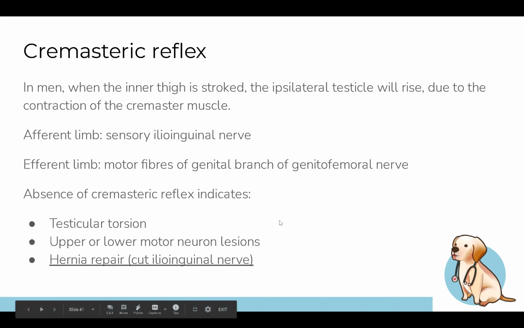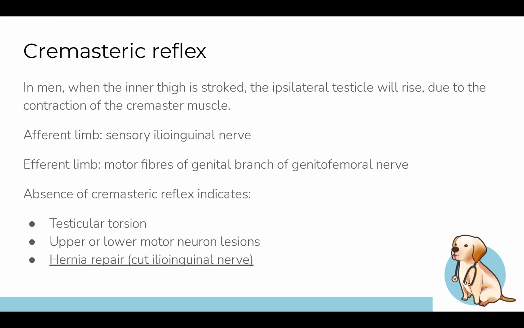Honestly, you don't really need to know the afferent and efferent limbs. That's just for your information. But if there's no cremasteric reflex, there are three things it could be. It could be testicular torsion, which we'll talk about again in a few seconds, but that's essentially your spermatic cord twisting. It can be an upper or lower motor neuron lesion, so essentially your nerves are just not working somewhere, either in your brain, your spine, lower down, who knows.